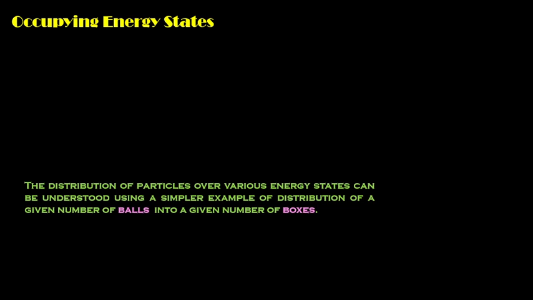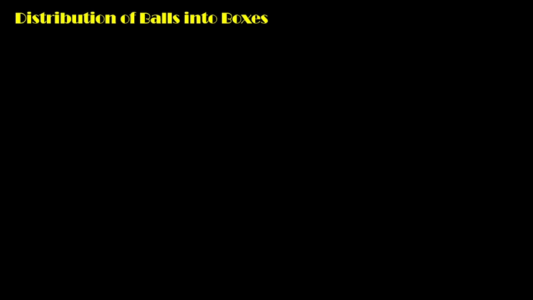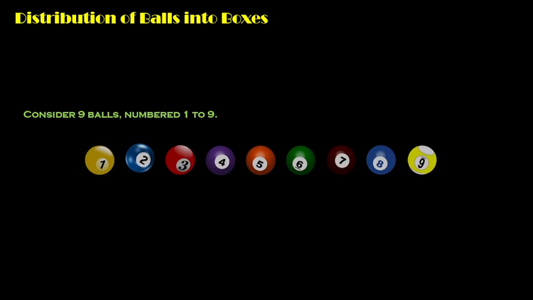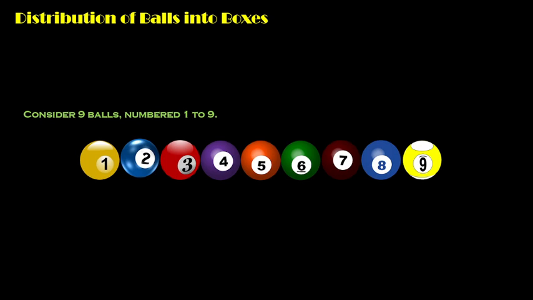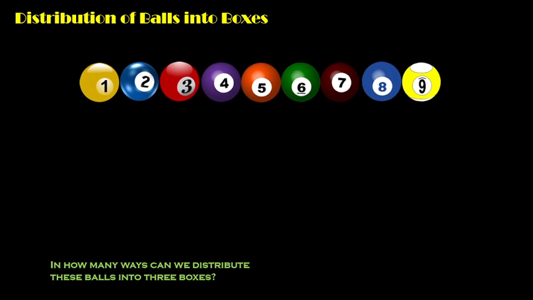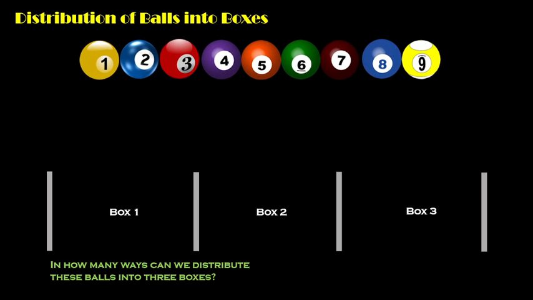The distribution of particles over various energy states can be understood using a simpler example of distributing a given number of balls into a given number of boxes. So let's proceed with the ball and box problem. Let's consider 9 balls numbered from 1 to 9 as shown, and the problem is of distributing these balls into 3 boxes as shown.